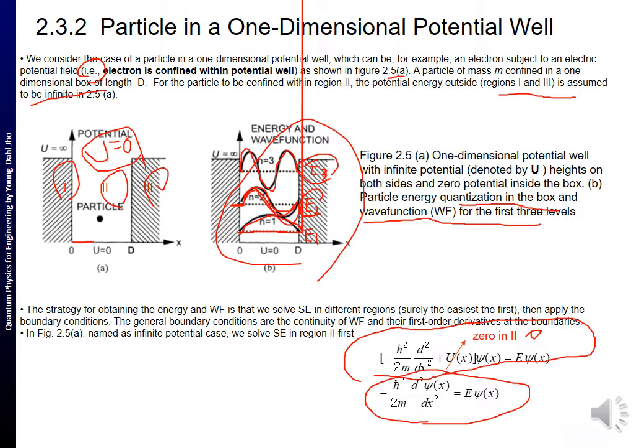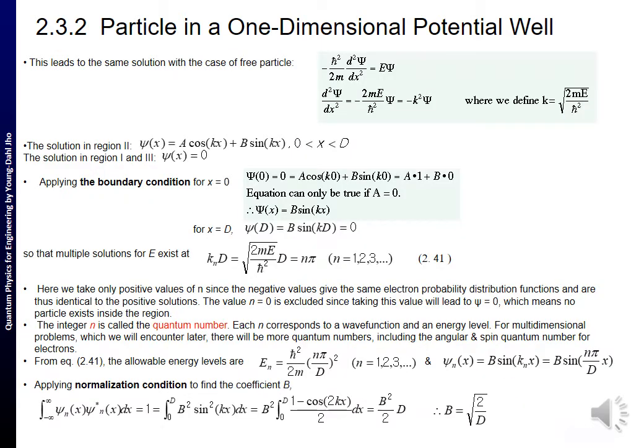This is the same with the free particle case. We know the solution. Because potential was set to be 0, we divide both sides by minus h bar square over 2m. Then we have this value, the same as minus k square, where we define k equal to square root of 2mE over h bar square.